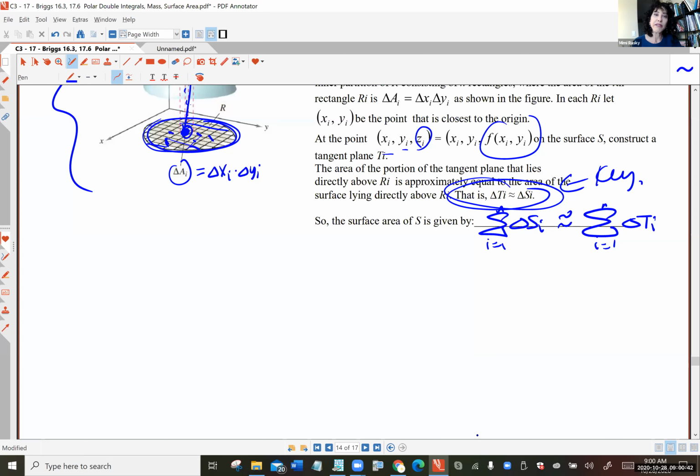Further, the benefit to you is when we really get into chapter 17 for real, and we hit section 17.6 again, this part of 17.6, where we use a double integral to find surface area, we won't have to cover it again.